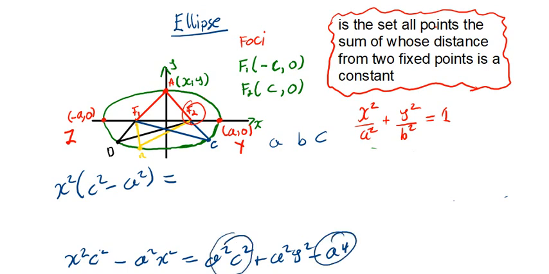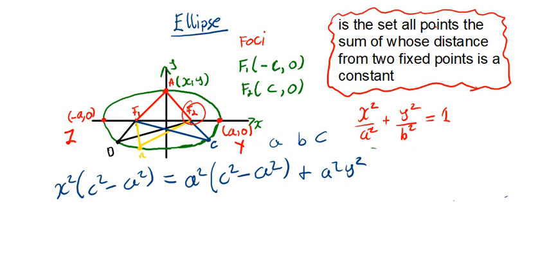Then I factor out a squared. Open bracket, then that's going to be c squared minus a squared, because if you say a squared by c squared, you get this one. But if you say a squared by a squared, you get this a to the fourth. That's basically what I've done. So that would be plus a squared by y squared, which is this one here.